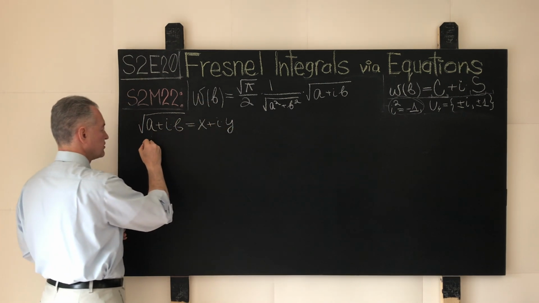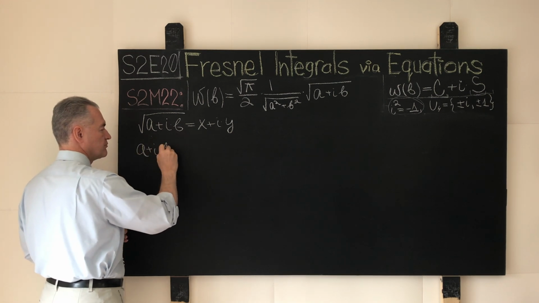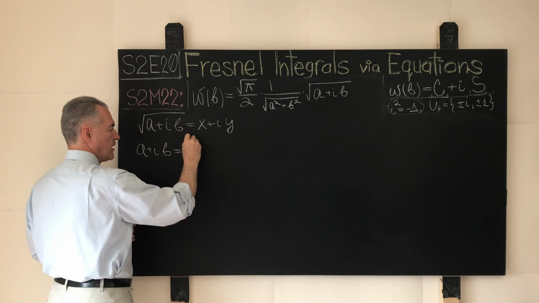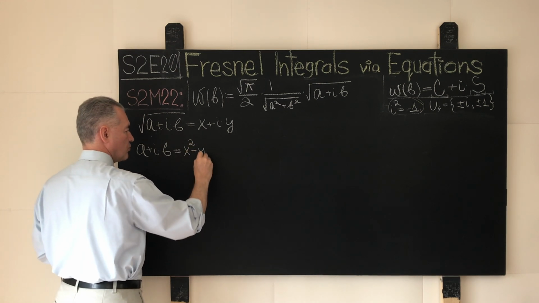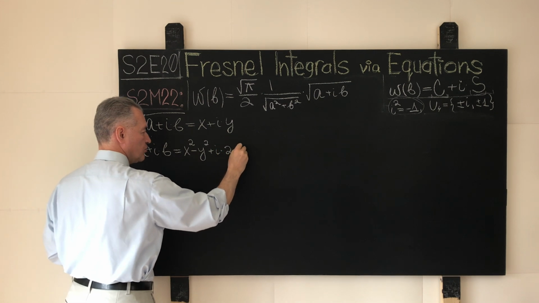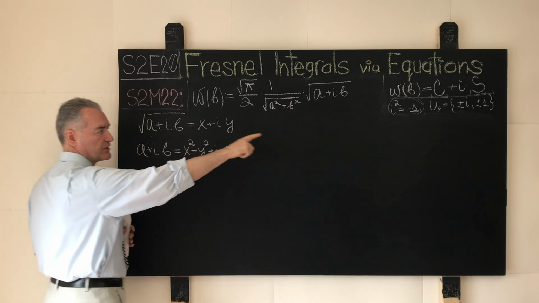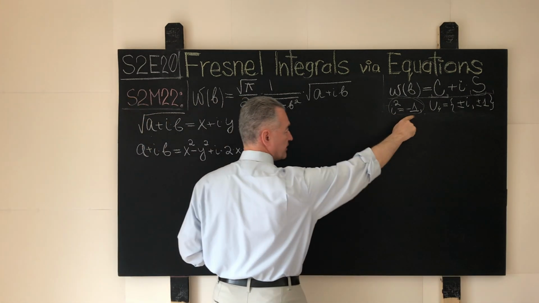We square both sides of it, and what do we have? a plus i times b is equal to x squared minus y squared plus i times 2xy. Remember that i squared is -1.